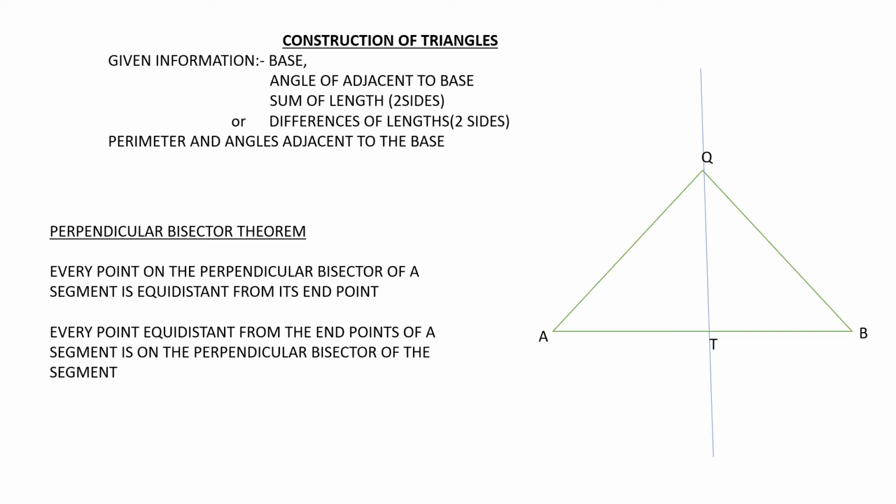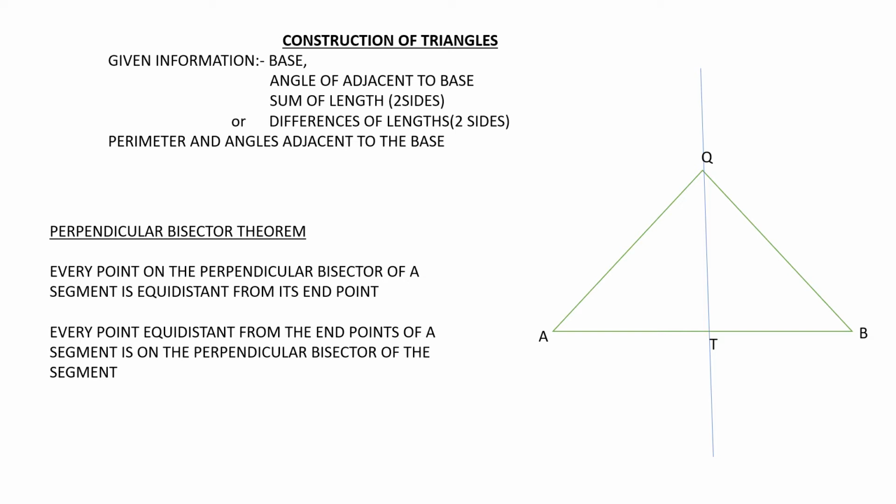On your screen you can see a triangle ABQ, in which a line is intersected in the middle at a point they have named T. Here they have shown with a double slash that AT is equal to AB.